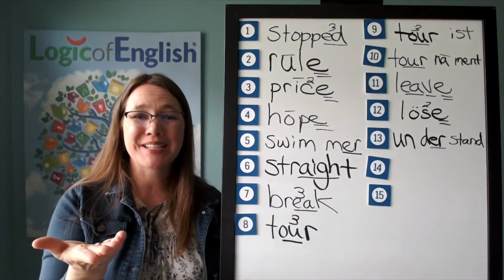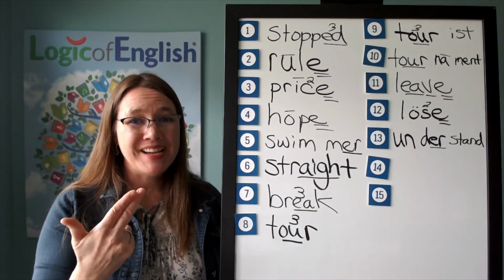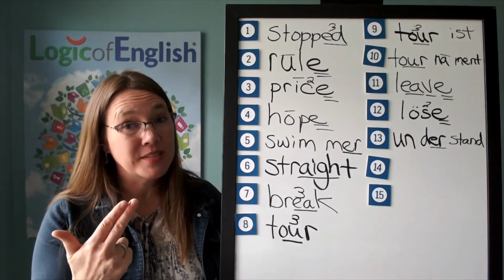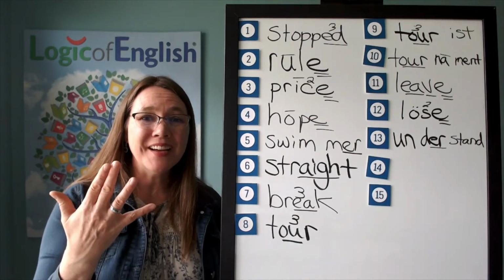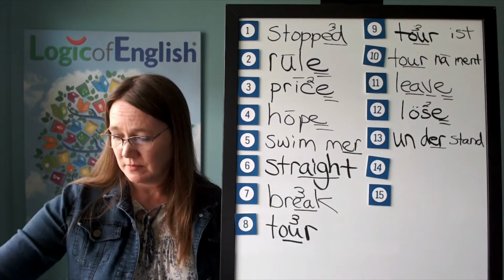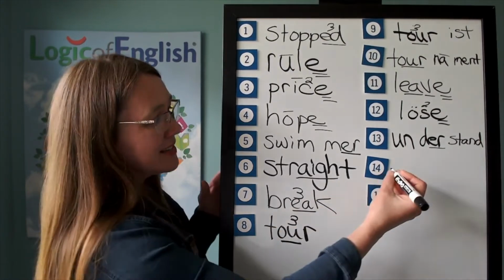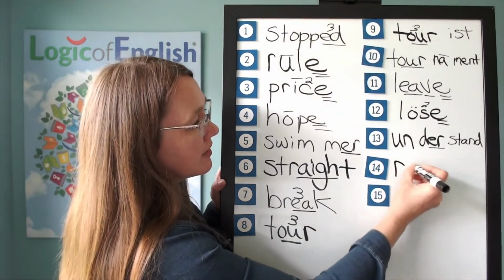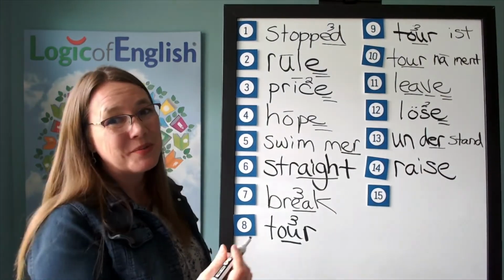Raise. Go ahead and say raise. And let's sound it out. R, A-I, a two-letter A that you may not use at the end of English words. Z, use an S. Silent final E. Go ahead and write raise. And help me to write it. R, A-I, Z, silent final E. How do we mark it?